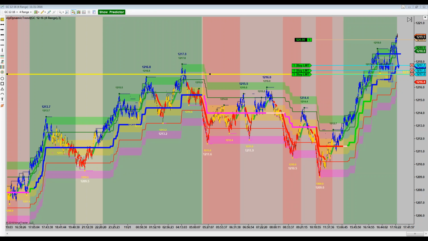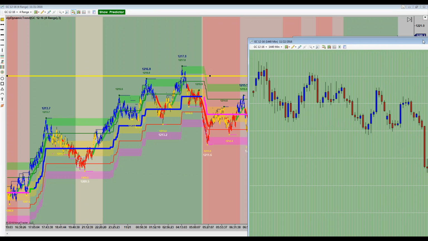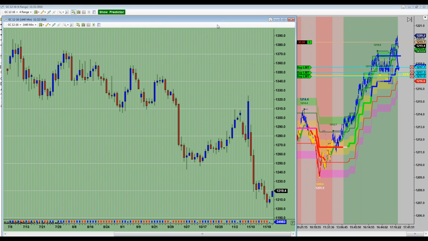Ready? I've shown this chart many, many times before, and it's a very good one. This is called the 1440-minute chart.